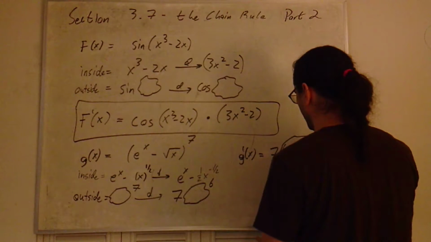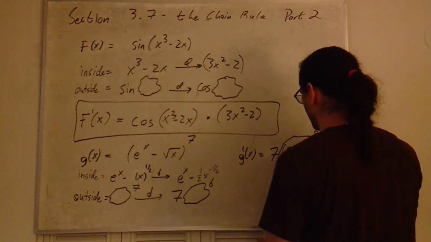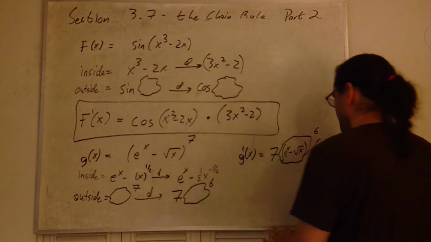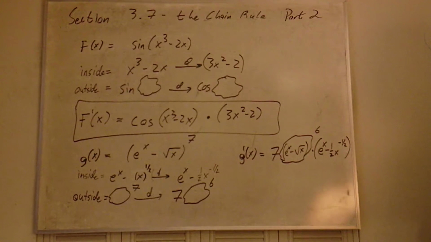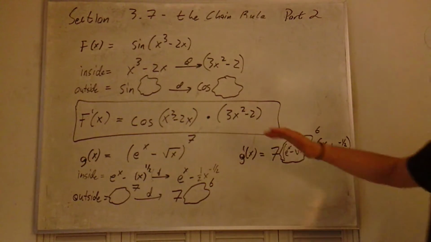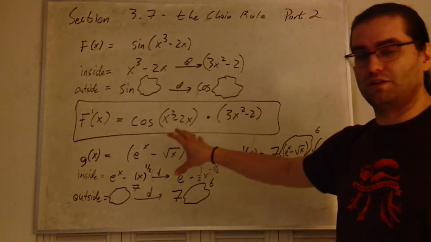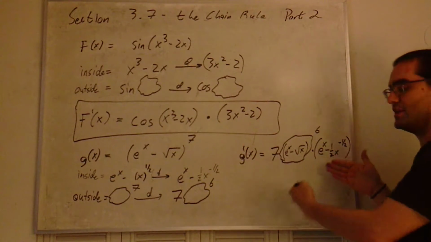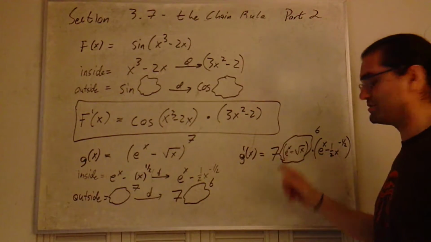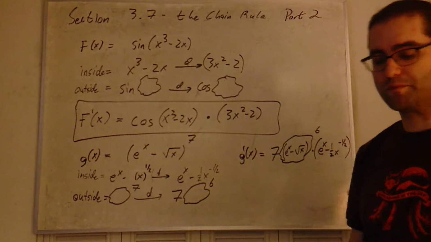This will be an e to the x minus square root x. And that's it. That's all you got to do. So you're going to take the derivatives of these things in pieces and then put them together with multiplication. The blob never changes. Don't simplify.